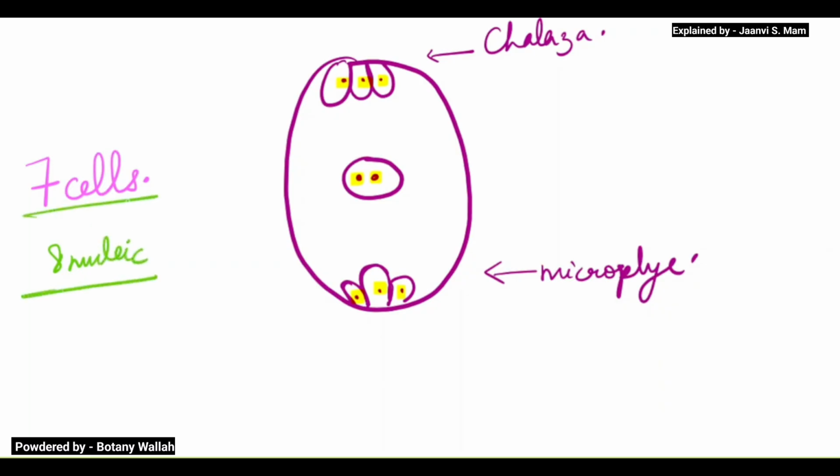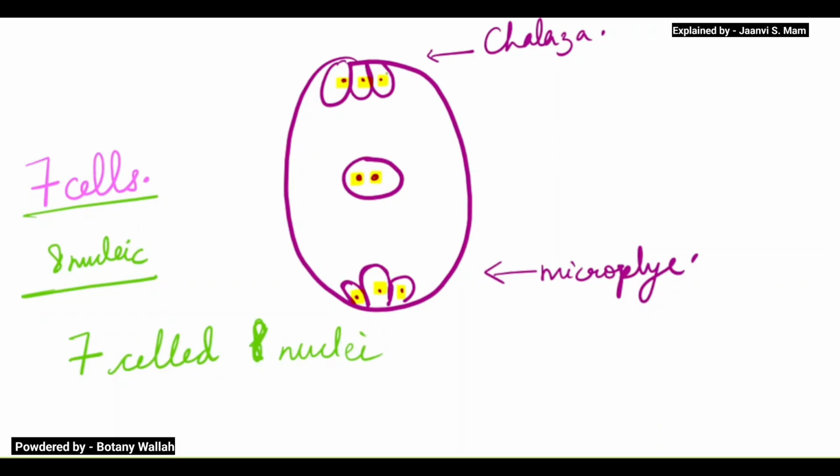So this structure is known as 7-celled, 8-nucleate structure. This is a very important thing. You should know which type of structure this is. It is a 7-celled 8-nuclei structure.